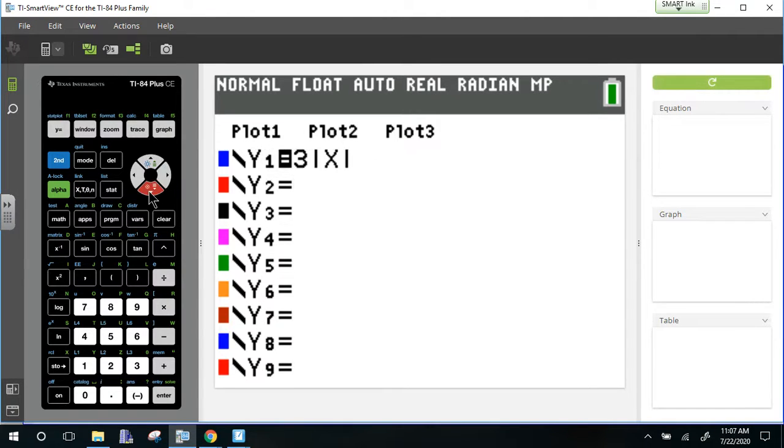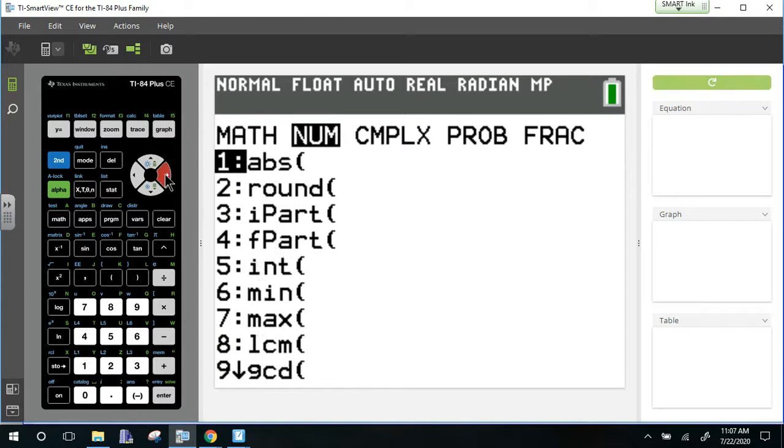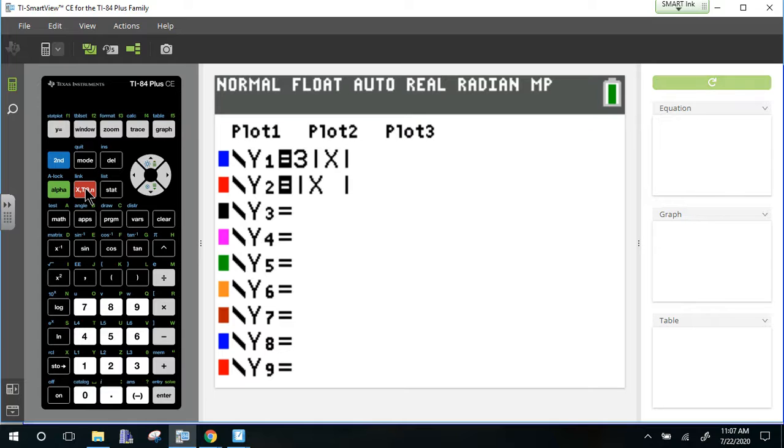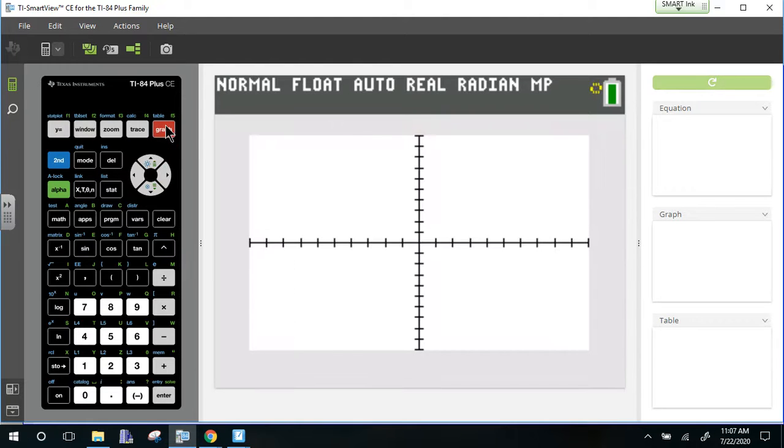And I'm also going to graph just the absolute value of x. The absolute value of x is the red one. The 3 absolute value of x is the blue one. So a number greater than 1 is going to make that graph more steep. It's going to bring the ends of that graph closer together.